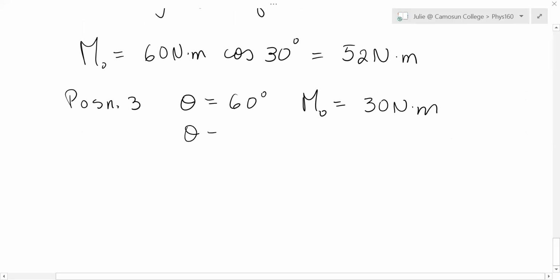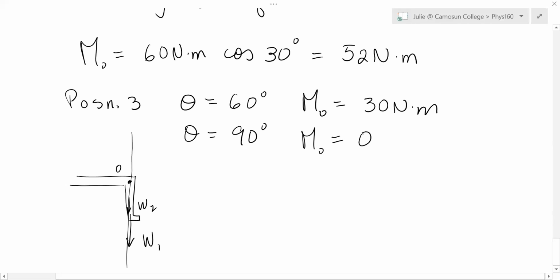Now, when theta is 90 degrees, like I said before, if your foot's straight down like this, W1 and W2, their lines of action go right through the axis of rotation. And so their torque is nothing.